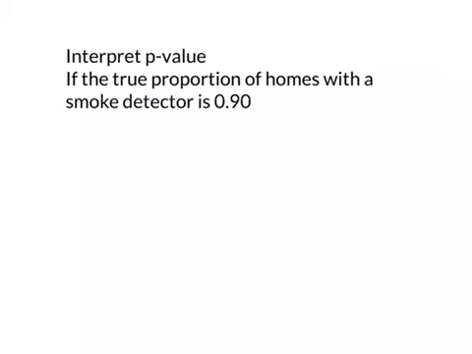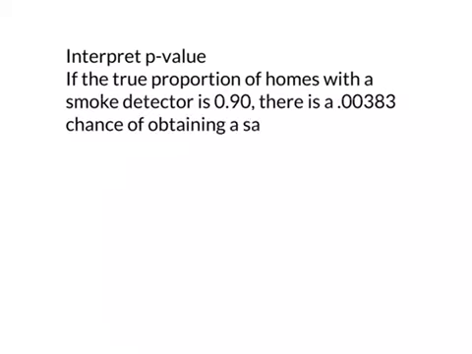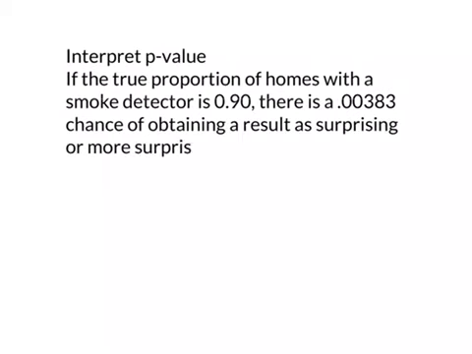Because we're talking about proportions, there's our context: homes with a smoke detector is our p-naught, our hypothesized value. There is a 0.00383 chance of obtaining a sample proportion, a result as surprising or more surprising than 0.94.